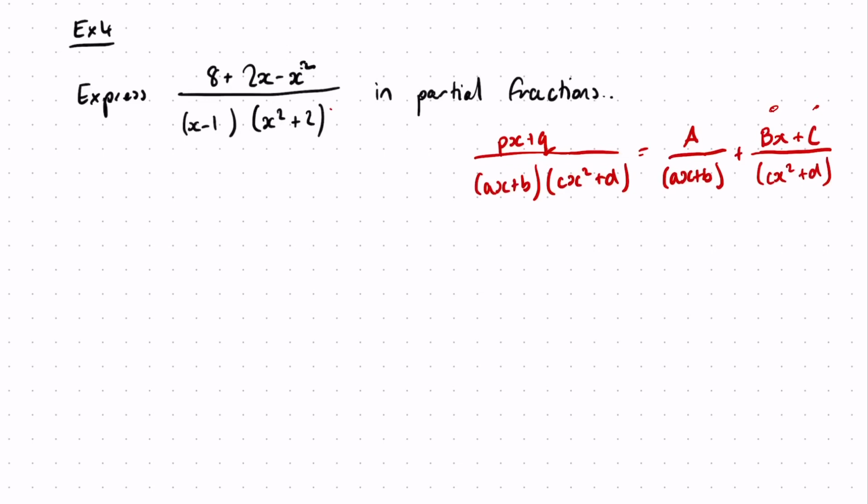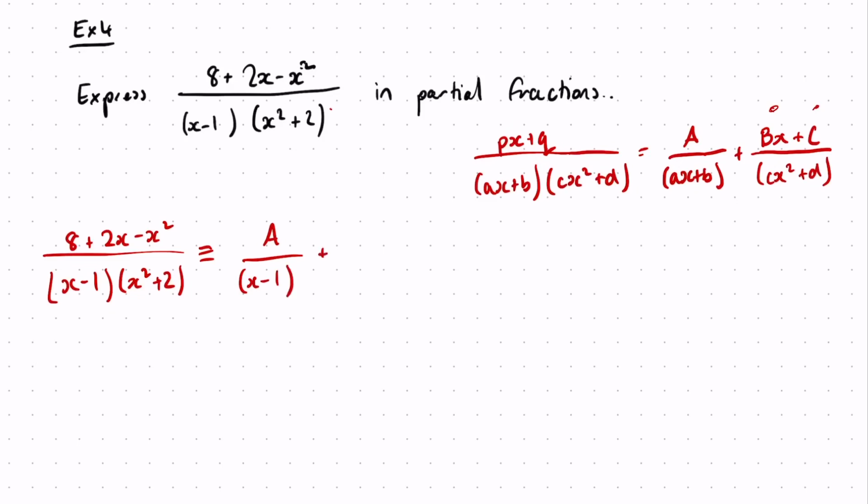So when we rewrite this, one that we've got here, we've got 8 plus 2x minus x squared over x minus 1, x squared plus 2, and that is going to be equivalent to a over x minus 1 plus bx plus c over x squared plus 2.